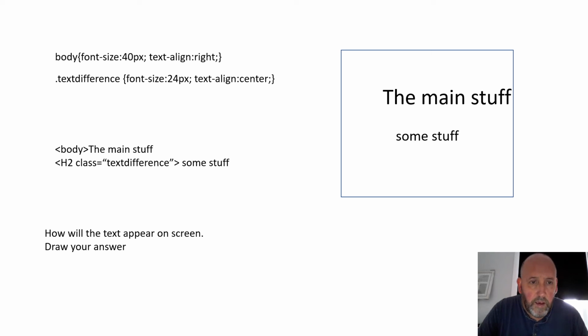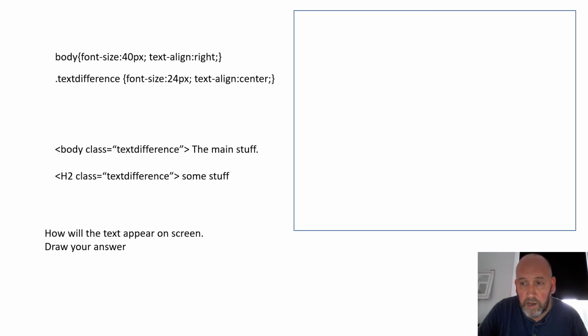Well, the body one, the main stuff, that's going to be size 40 and it'll be text aligned right. But the H2 is using the class text different, so that will be font size 24 and that will be centre. Pause the video and write your answer out, or draw your answer out for this one.